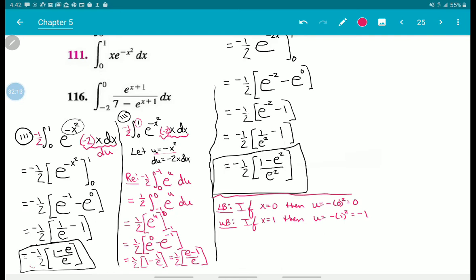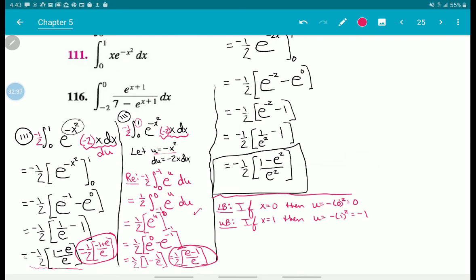Okay, which is the same thing that we got over here. If we were to distribute that negative in here, it would be a positive 1/2 times negative 1 plus e over e. So you can see how we get the same thing either way we do it.